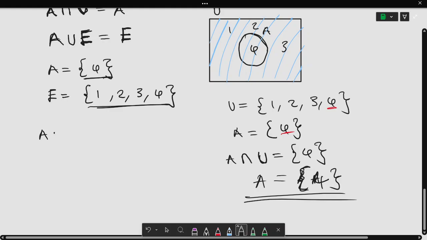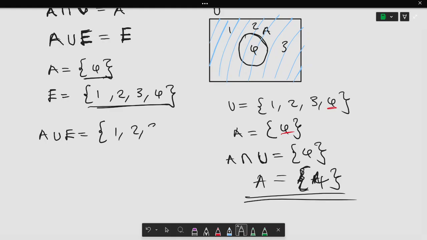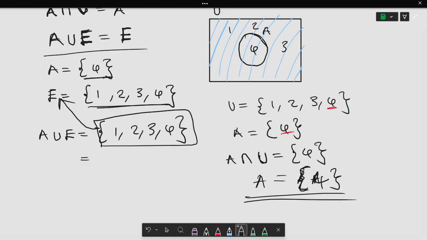So A union E is equal to 1, 2, 3, 4, 4. But we don't repeat an element in set theory. We are not going to put two 4s just because one 4 comes from set A and the other from E. So your answer is just going to be like this, and you realize that this is just equal to the universal set. That's why we have this property.